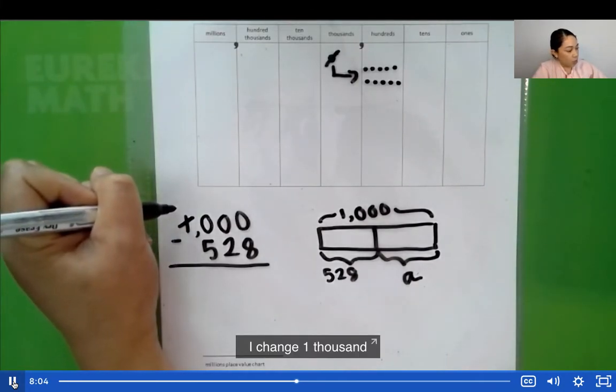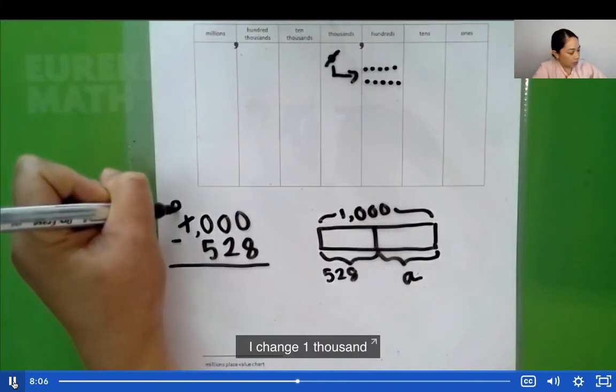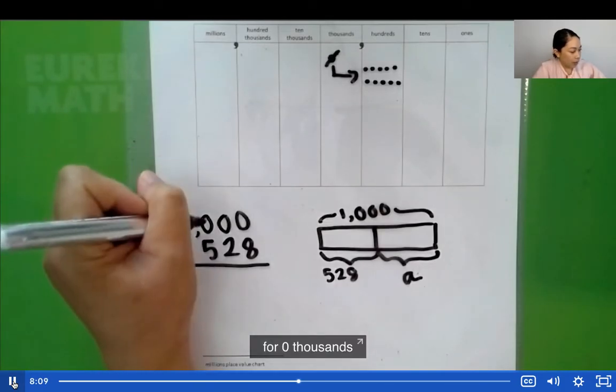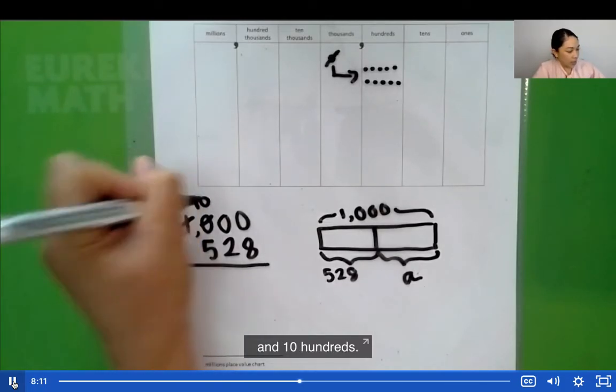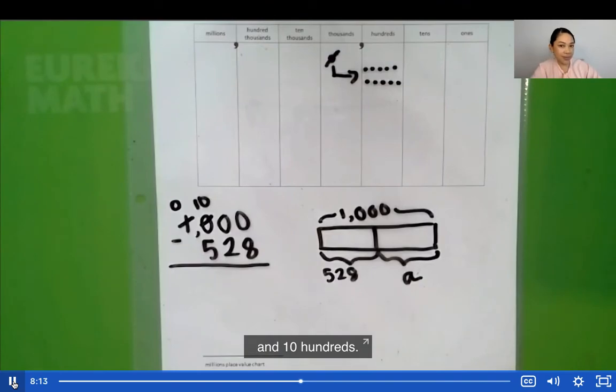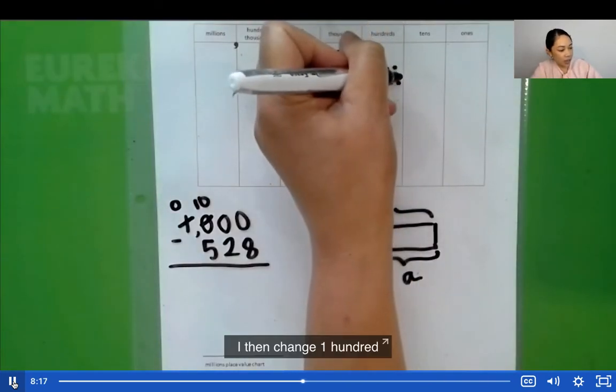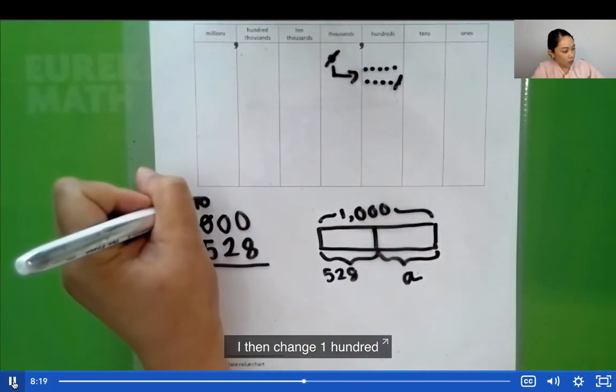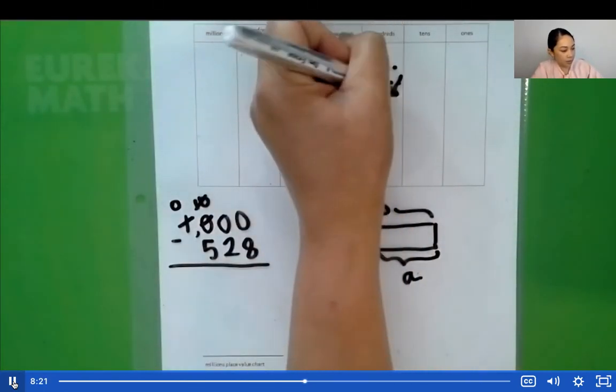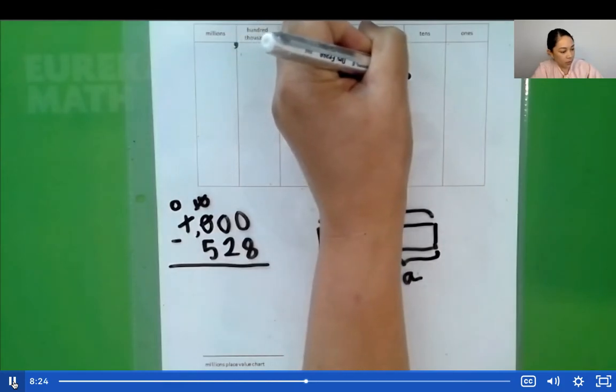I change 1,000 for 0 thousands and 10 hundreds. I then change 100 for 10 tenths.